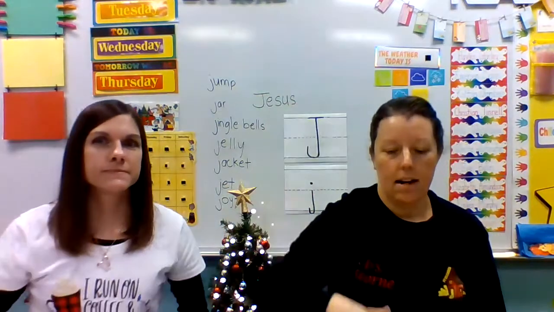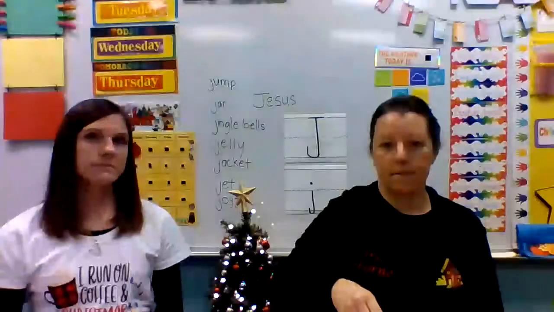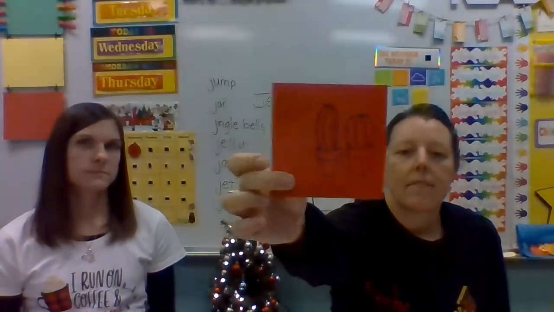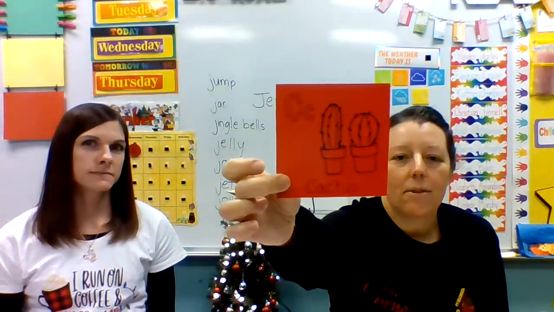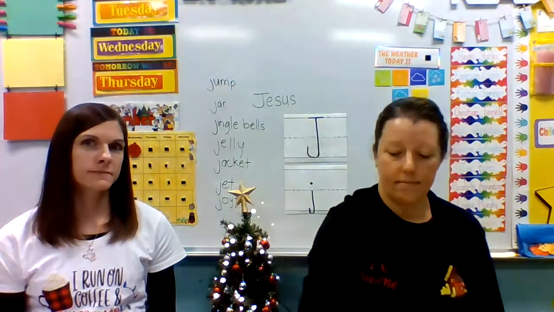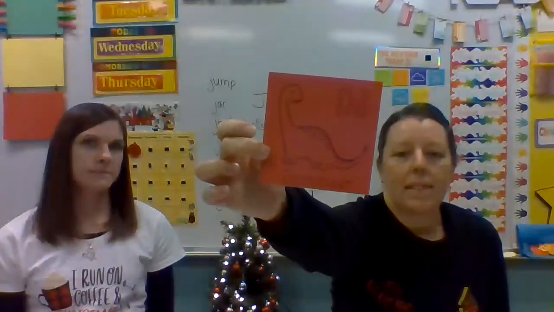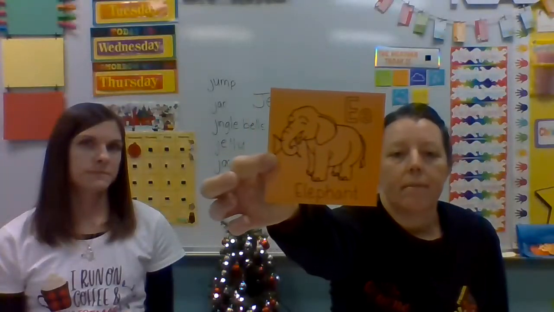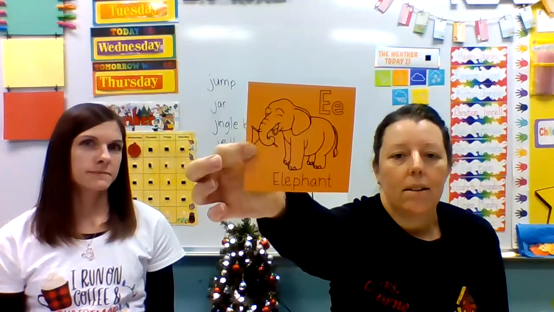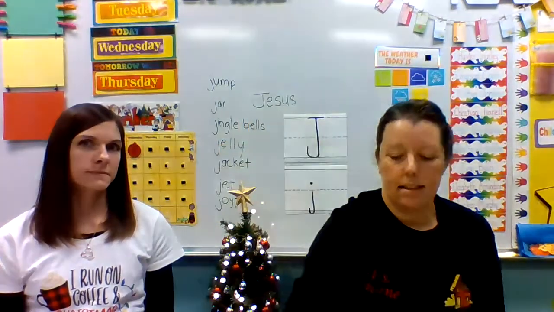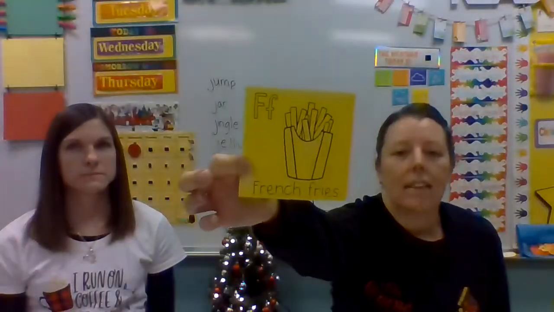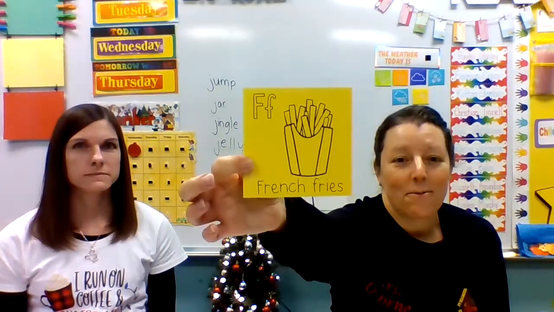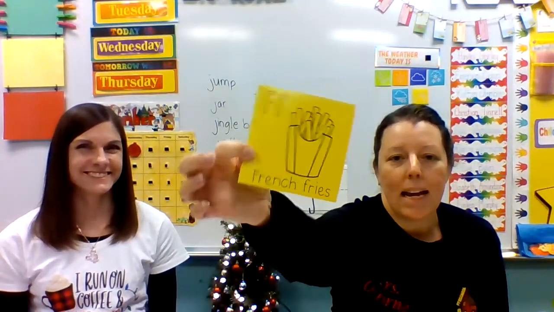And then what do we have after B? C for cactus. We have D for dinosaur. E for elephant. F for French fries, because they are yummy.